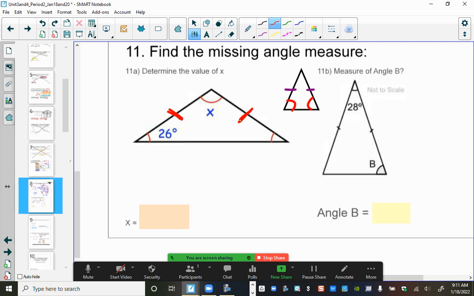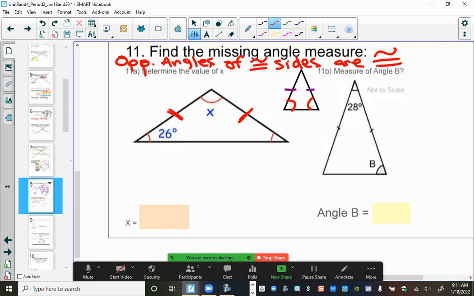Opposite angles of congruent sides are congruent. That's your congruent symbol.